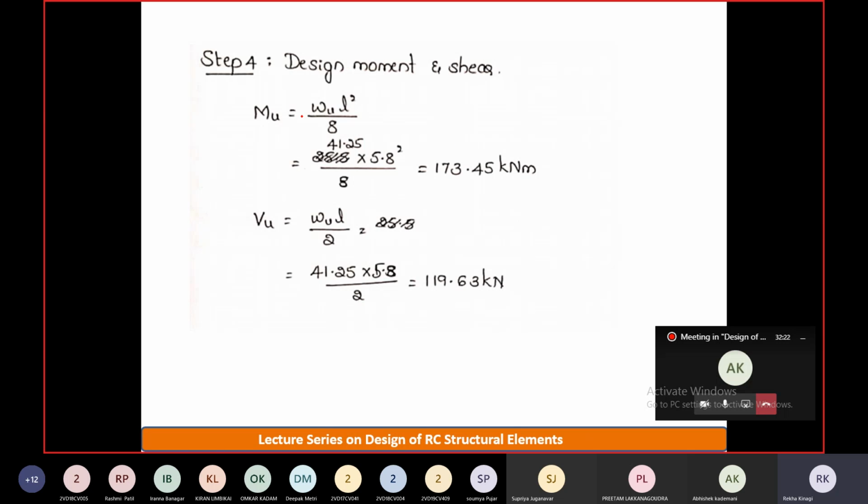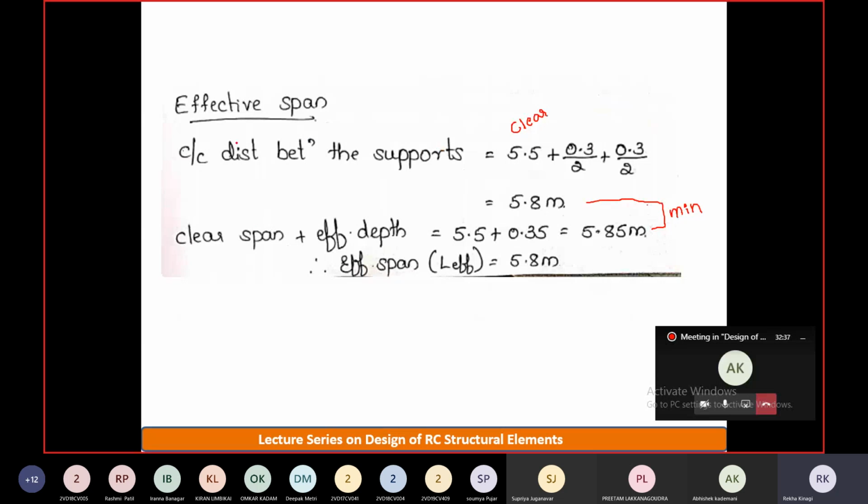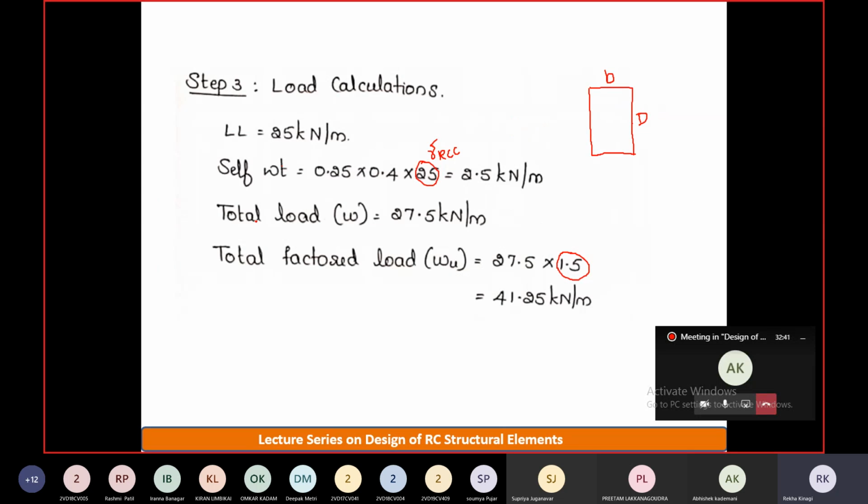So at the midspan, the maximum moment value is to be calculated as Wu L square by 8, where Wu is the total factored load and L refers to the effective span. Once you calculate the effective span, in all further calculations you need to consider only the effective span, never the clear span.